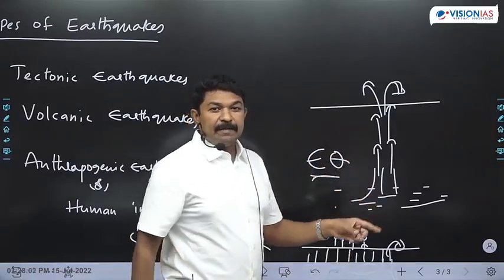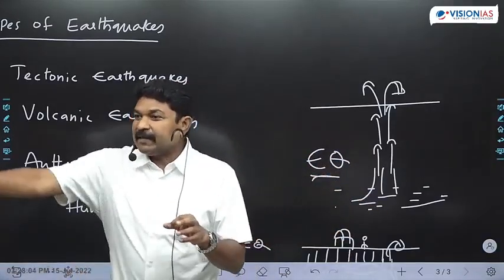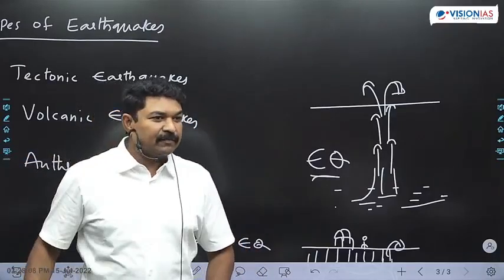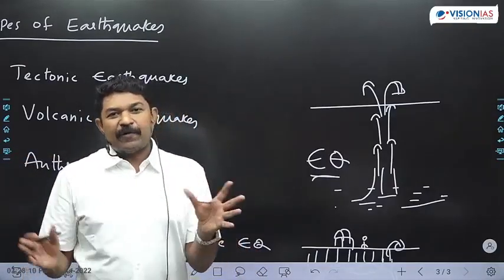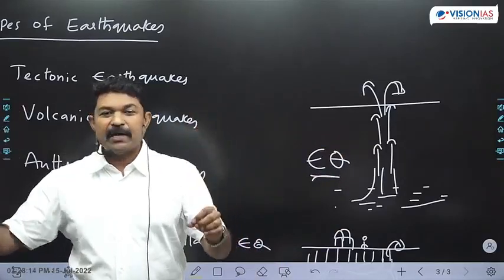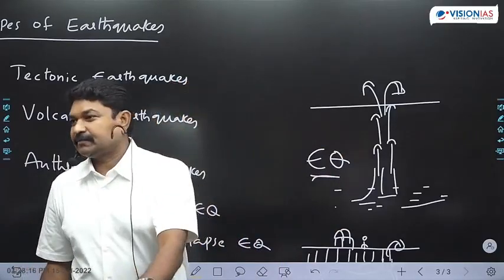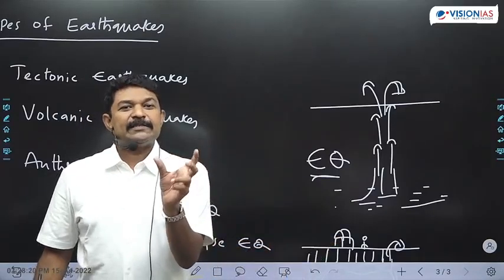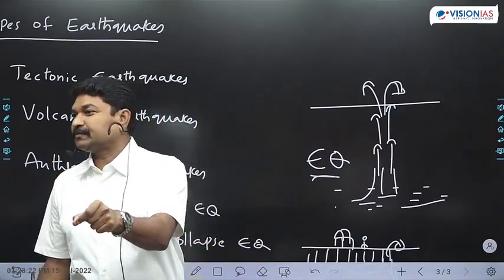That is the reason many times wherever volcanism is happening, definitely that is a zone of earthquakes also. There is no separation of earthquake zone and volcanism zone. Both earthquakes and volcanoes happen at the same place. Got the point? All the volcanic places are earthquake zones.